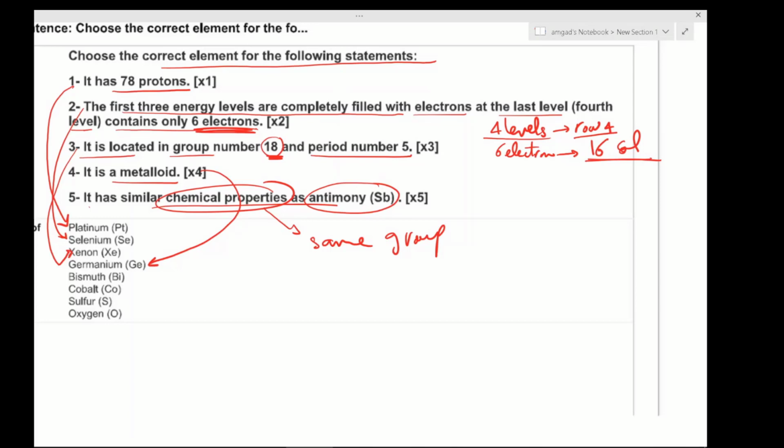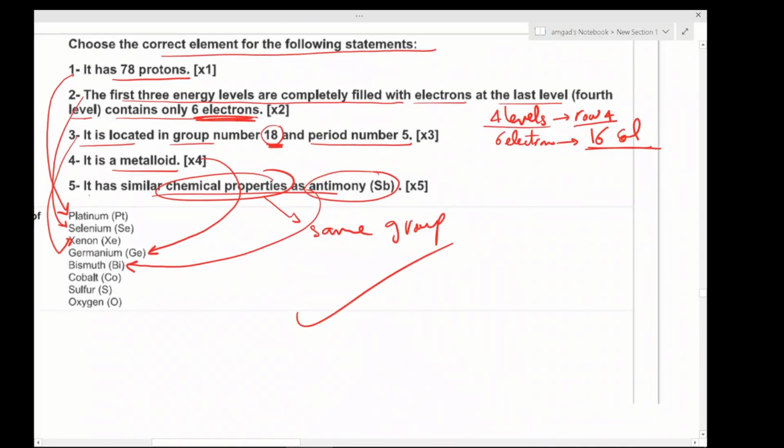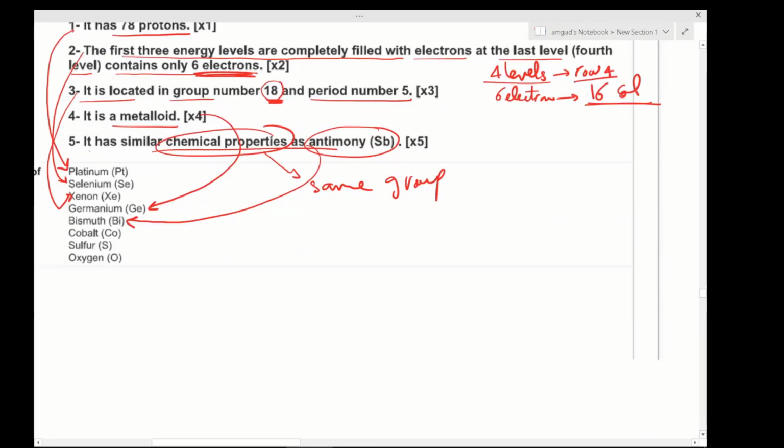We have bismuth, arsenic, phosphorus, nitrogen. Which one of them is here? Bismuth. So this is some kind of question. Doctor, chemical properties are alike in the same column, right? Yes.